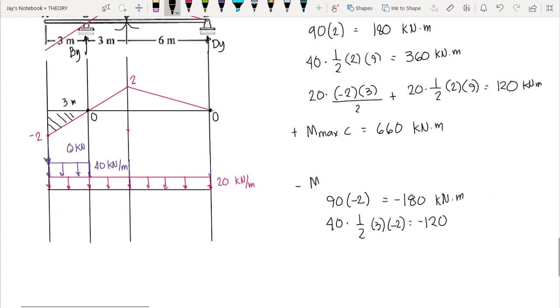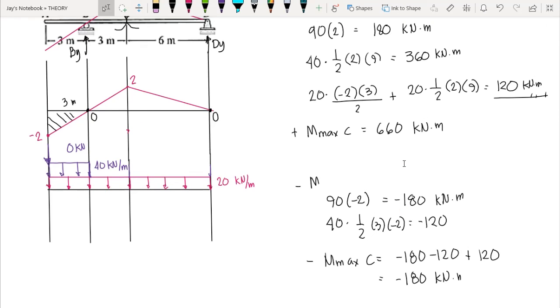This would give us -120. Now we should not forget the dead load here, which is 120 kilonewton meter. So to sum it up, the negative maximum moment at C is equal to -180 minus 120 plus the dead load, 120. So therefore, the maximum moment at C is equal to -180 kilonewton meter.